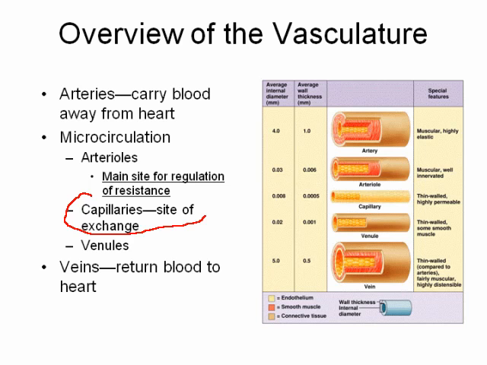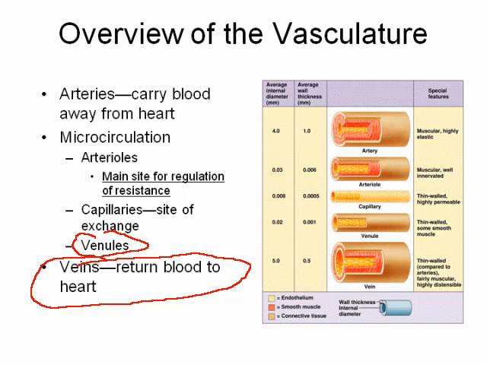And the capillaries, which are a site of exchange. So capillaries are very thin-walled. We want substances to be able to diffuse very easily across the walls of the capillaries. Venules are a way of collecting the blood from the capillaries, and then they converge, of course, into the veins, which return the blood to the heart.